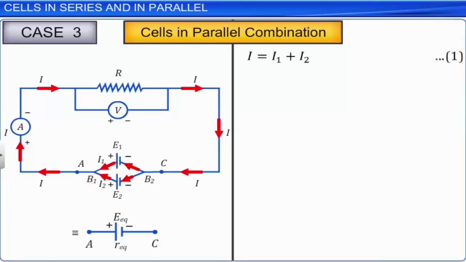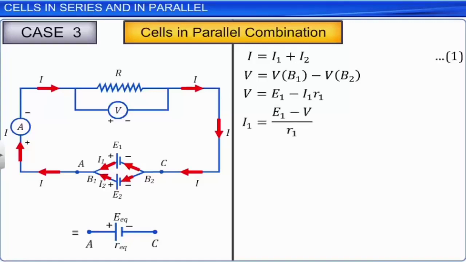VB1 is the potential at point B1. VB2 is the potential at point B2. The potential difference between points B1 and B2 taken across cell 1 can be written as V is equal to VB1 minus VB2. V is equal to E1 minus I1 into R1. Rearranging the terms, we can write I1 is equal to E1 minus V divided by R1.